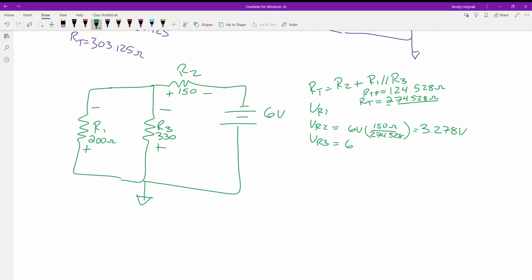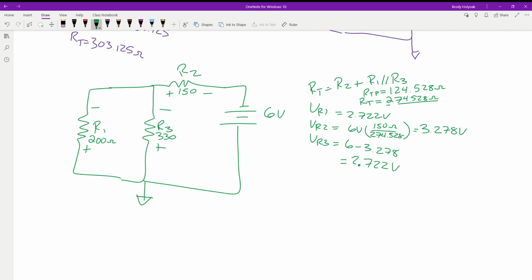So we end up with 6 minus 3.278, and that gives us 2.722 volts. Everybody good with those values, at least getting the same ones as you're calculating them?